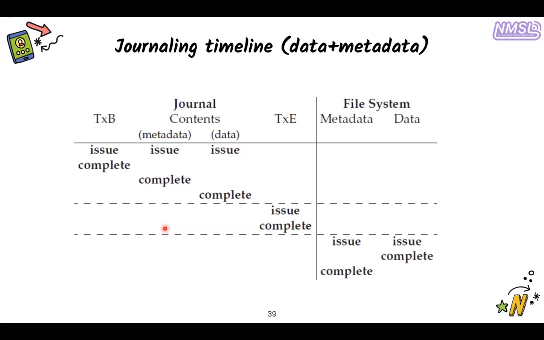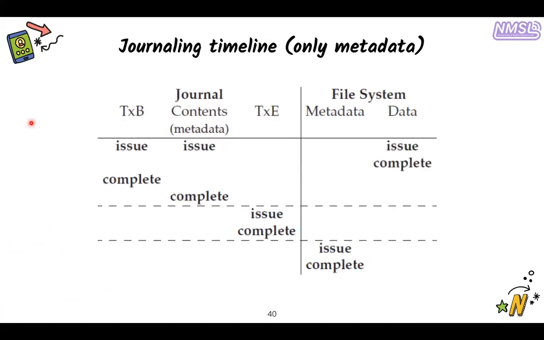Yes, the next two slides basically show the journaling timeline, time starting from here and going down. It's just visualizing. The first case was when you're journaling data and metadata. The second case is when you're only doing metadata. As we mentioned, we first do the data, right? Then you have TxB.